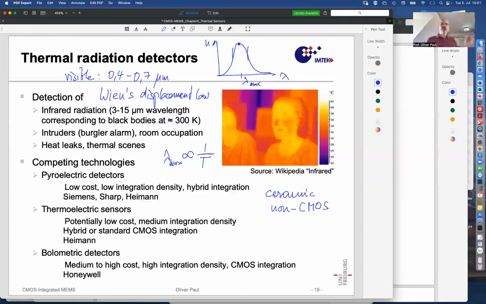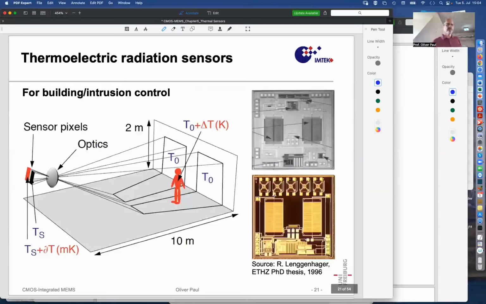So the principle is that this ceramic piece, and actually I can show the principle. There is this ceramic little square millimeter of material, and heat comes in. There was no heat before, and then the heat changes, and that change in absorbed energy changes the temperature, and that temperature change displaces some charges, and those displaced charges cause a voltage to be measurable.